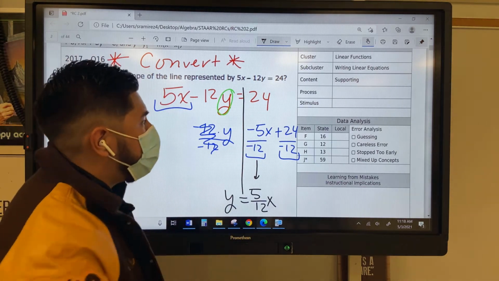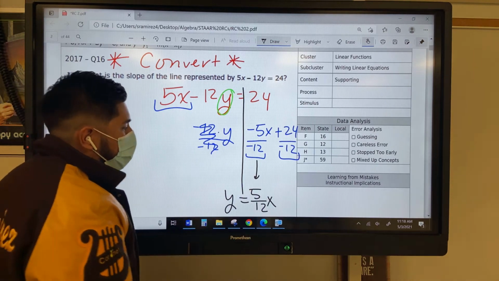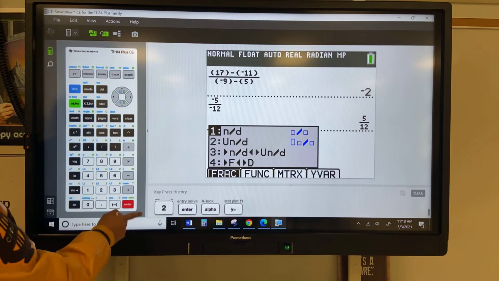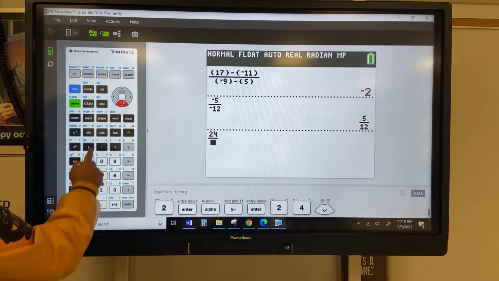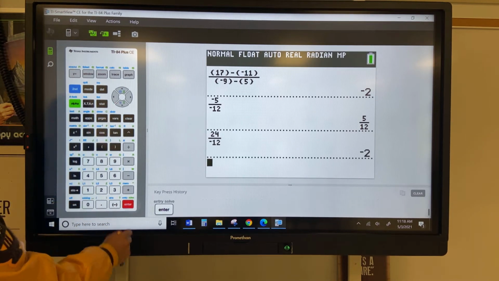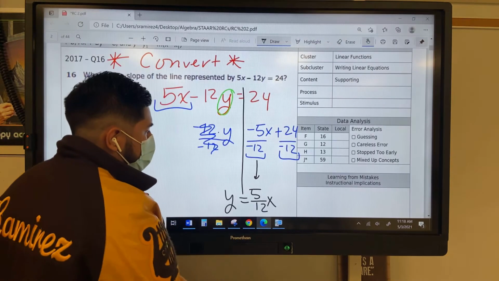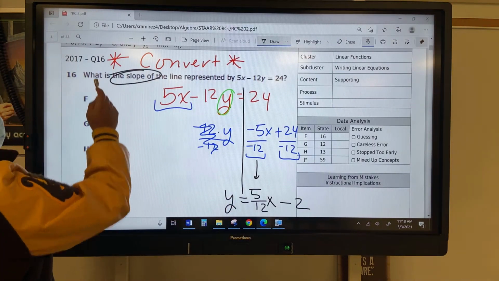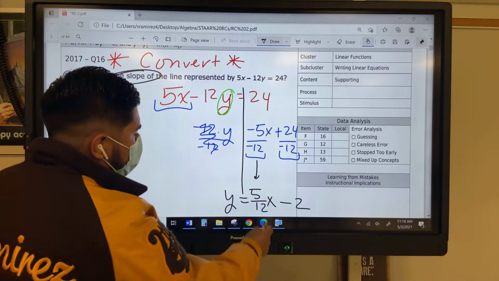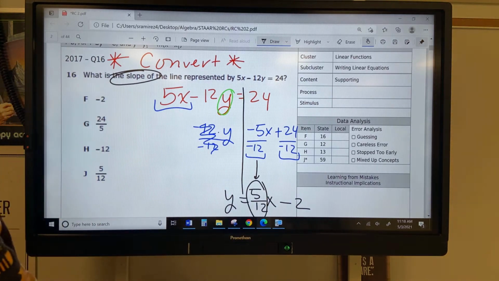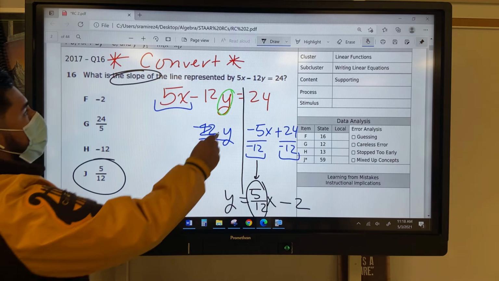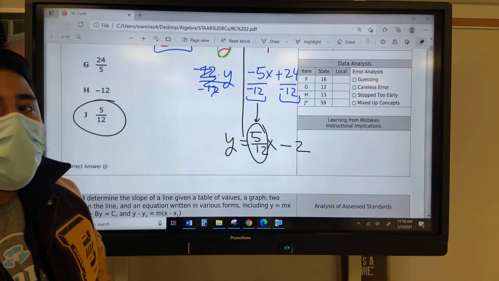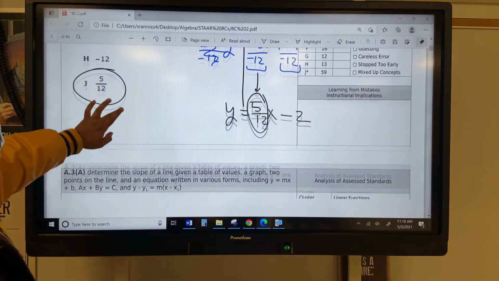You should know that. Other one, 24 over negative 12. Fraction, alpha, y equals, enter. 24 over negative 12. Enter. Negative 2. But it's asking only for the slope. So what's the slope of this line? 5 over 12. Let's check it. J. We're on it. Let's keep going.